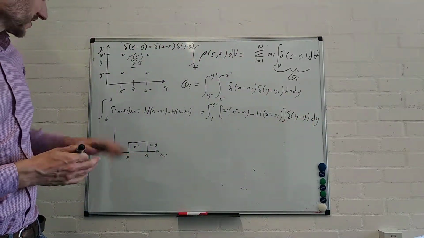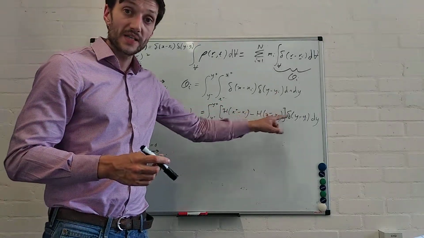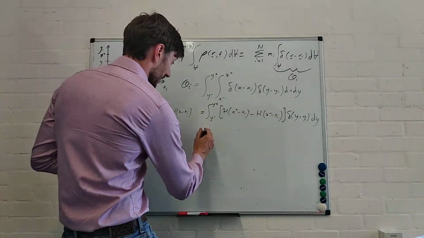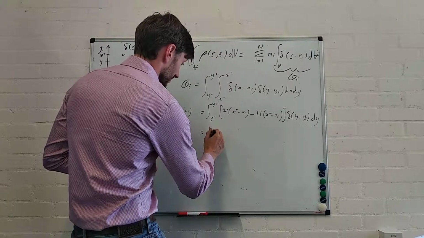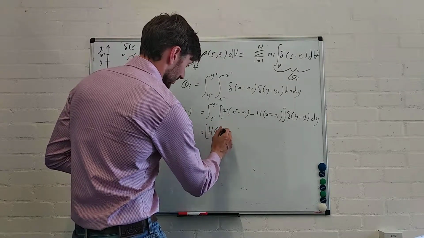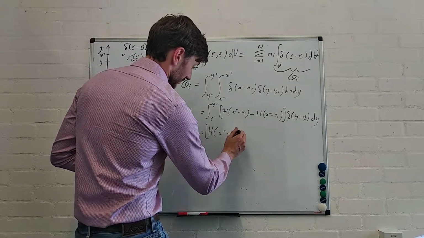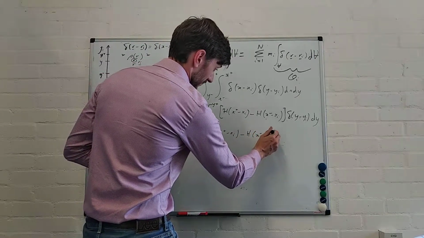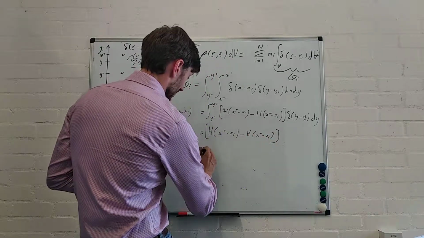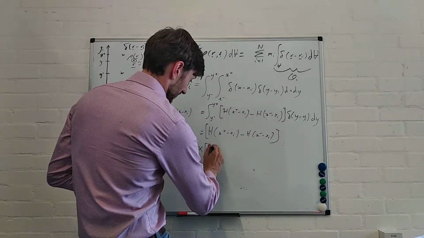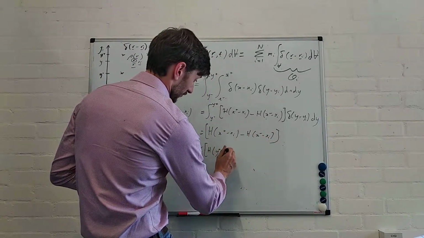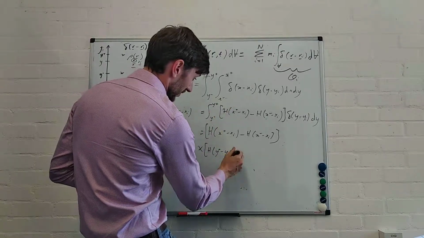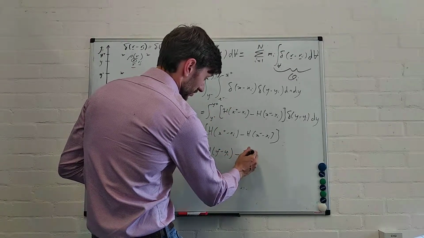Okay, so it's exactly the same process we've just seen. The second integral over y proceeds exactly the same way. So what we end up with is an expression that's the Heaviside of x plus minus xi, minus the Heaviside of x minus minus xi, times the exact same expression for y. So we're just doing this integral in y and substituting the top and bottom limits.